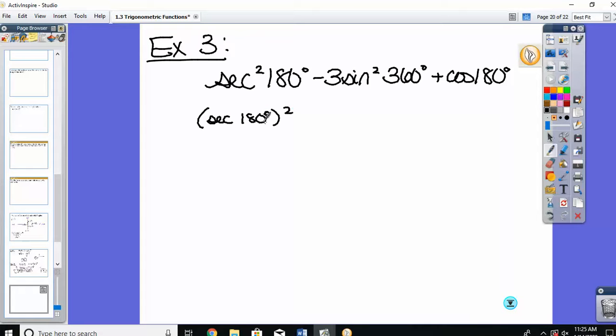The notation is to always put the square on the trig function, not the angle itself, so you realize you're evaluating, then squaring your answer, not doing 180 squared.